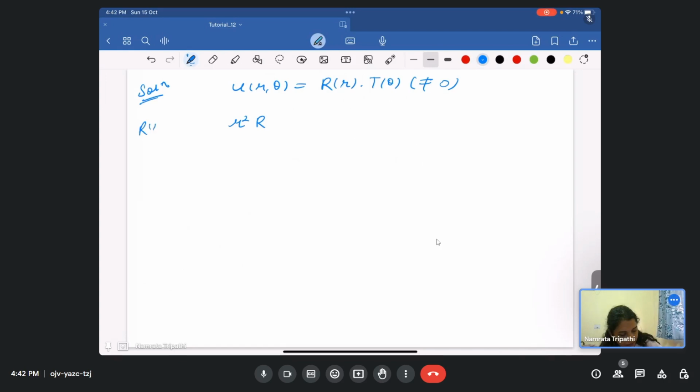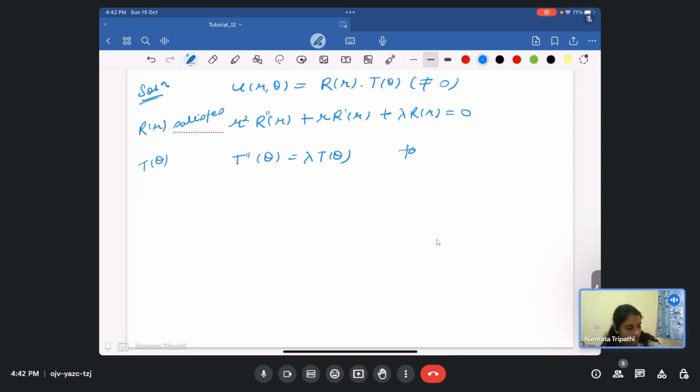For R, it will satisfy the equation, and for T(θ), it satisfies the other equation, for a non-zero constant lambda.